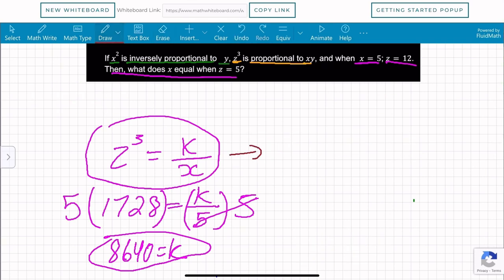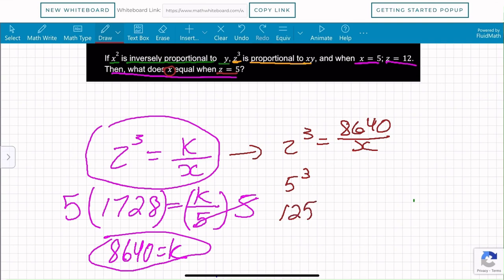Now that I've cleared up the board a little bit, we see that z to the third is equal to 8,640, plugging in that constant, over x. Now we know that z equals 5, so we're going to do 5 to the third. Now 5 to the third is 125, so that's going to equal 8,640 over x.